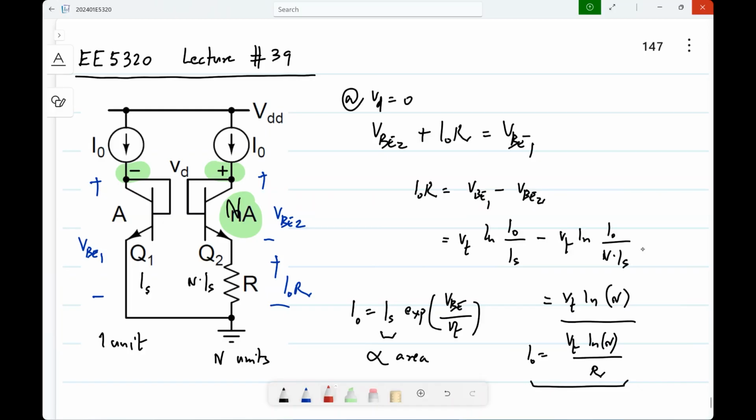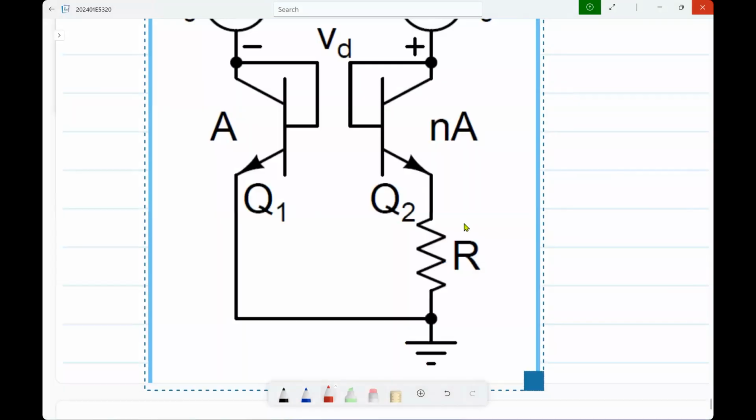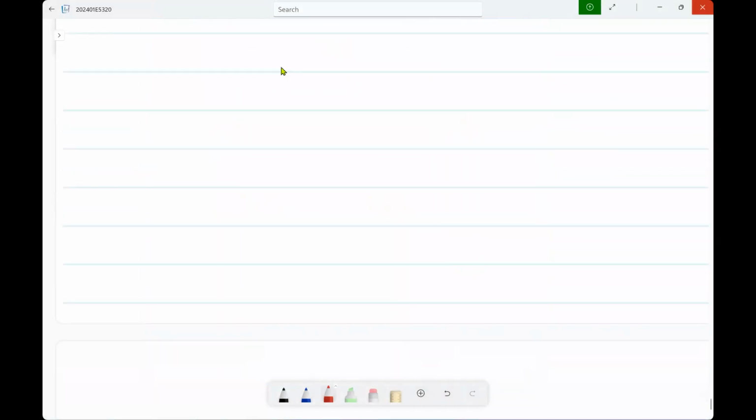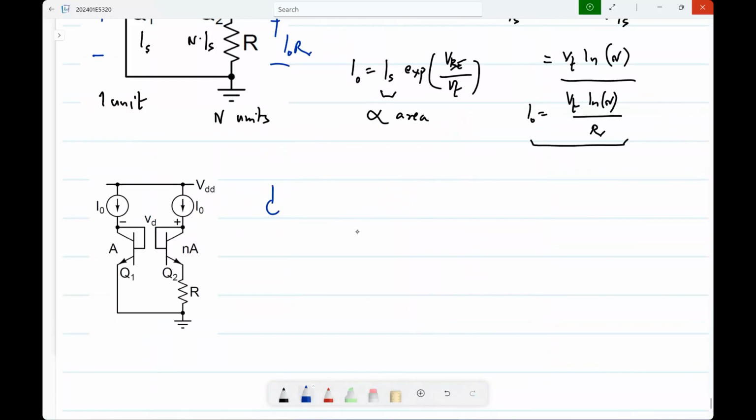Now, if I bias another transistor with the same voltage, with P times the area, what will be the current through this transistor?